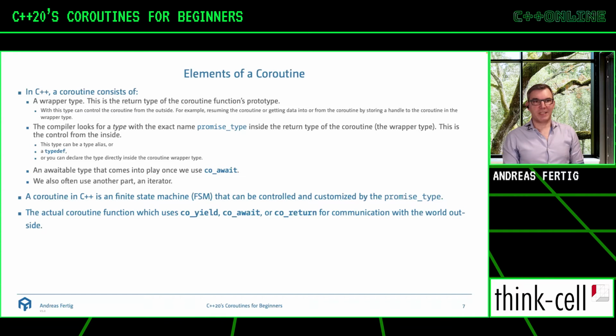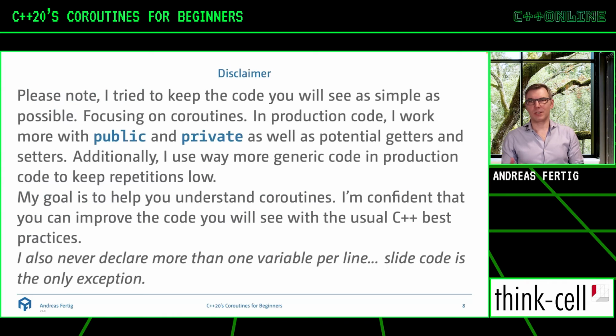So before we get started by looking at real code, here's an apology I have to make. I always feel that's necessary. It's a disclaimer. Usually I don't have disclaimers in my slides, but this time it's necessary. Please note, I tried to keep the code you will see as simple as possible. I have tried to focus on the coroutines part only.